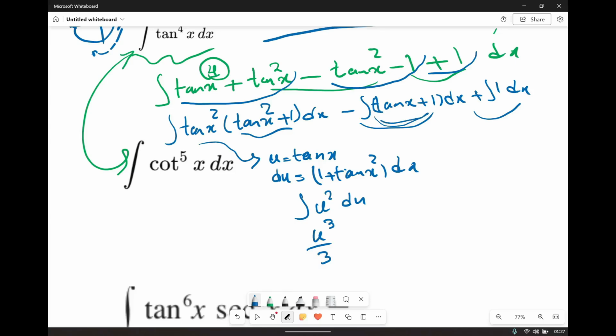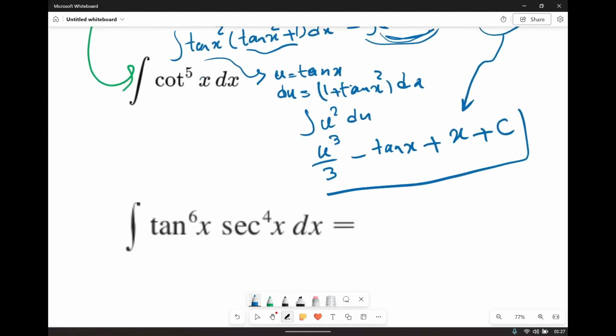The result is exactly tangent x power 3 over 3 minus tangent x plus x plus c. Now you can understand our strategy when we have a tangent or cotangent with any power: we must add and subtract power n minus 2, and after that calculate our integral.